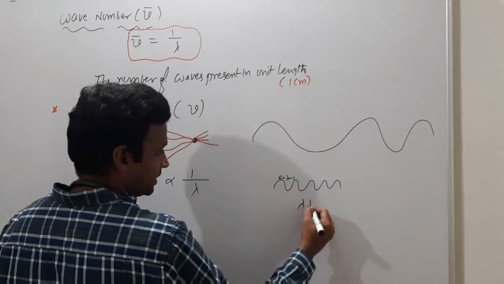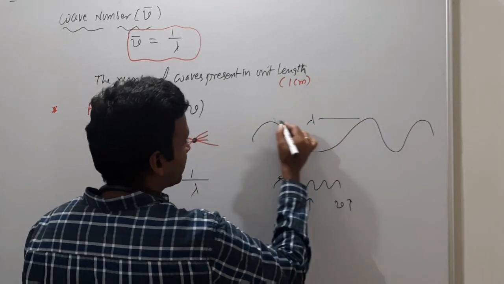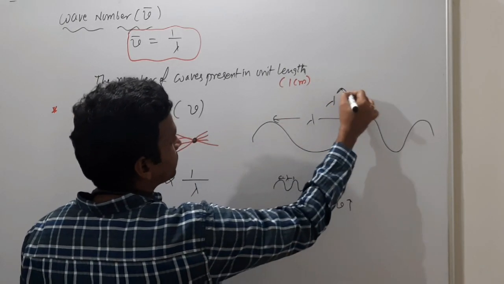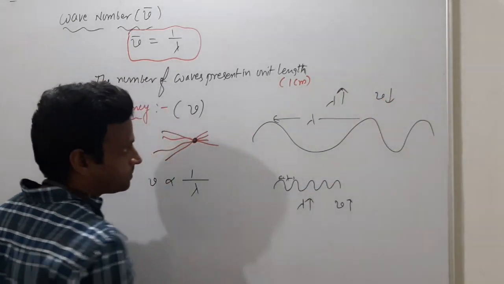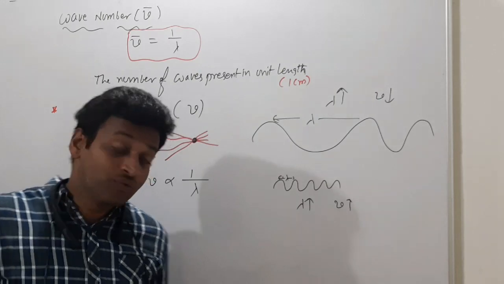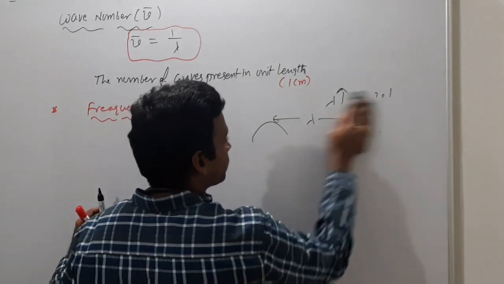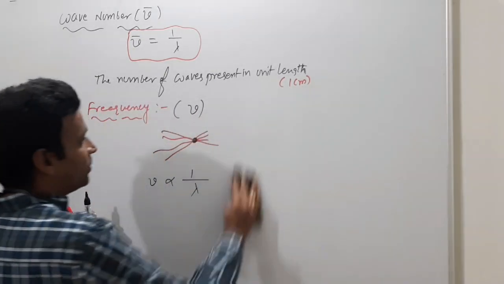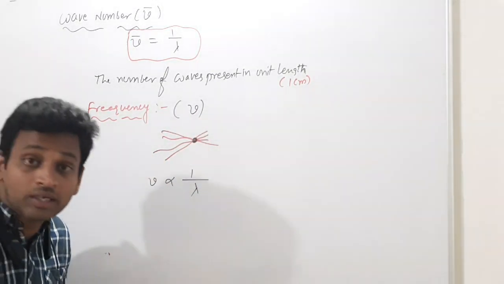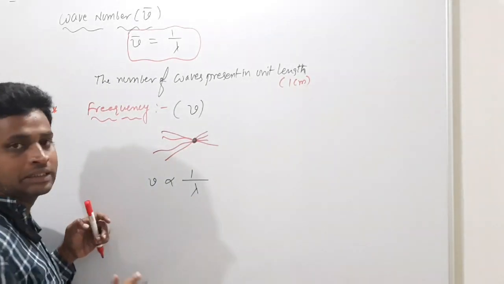Wavelength is less, so frequency is more. Here the wavelength is very high, so frequency is very low. Getting what I am saying? Wavelength is inversely proportional to frequency, or frequency is inversely proportional to wavelength.